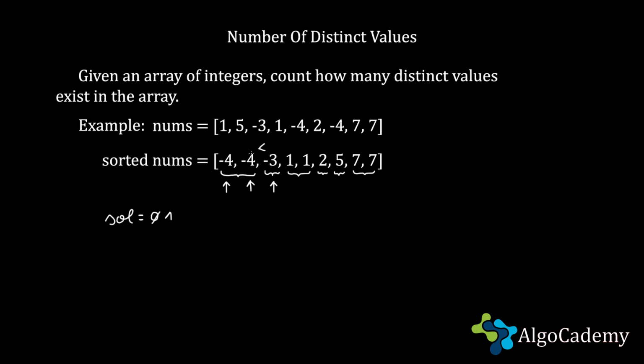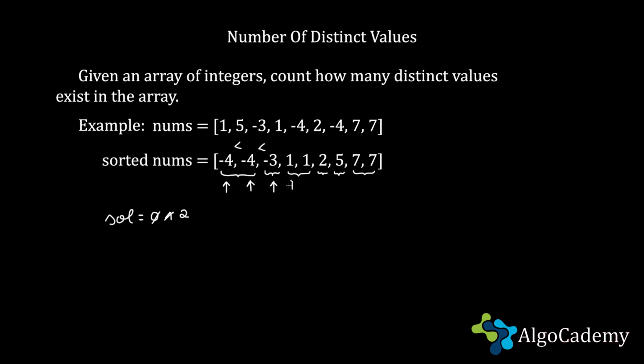If the previous element is less than our current one, and we know the array is sorted, this means that every element on its left will also be less than our current element, right? Because they couldn't be greater. So we can say for sure, after only checking this, that minus 3 has been encountered for the first time.